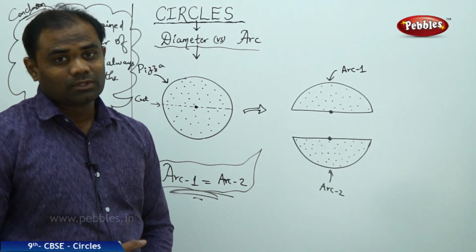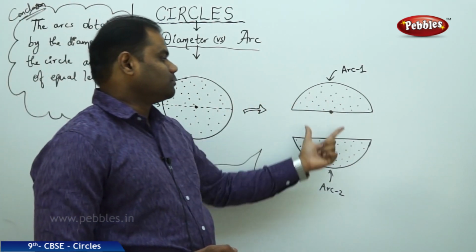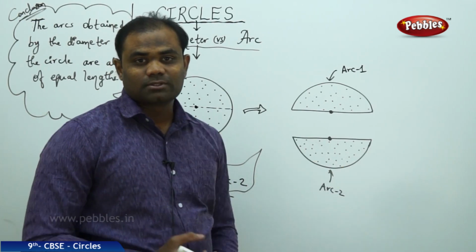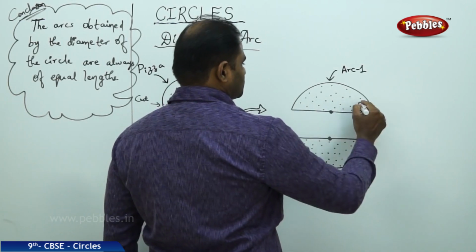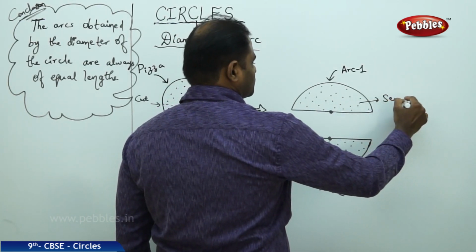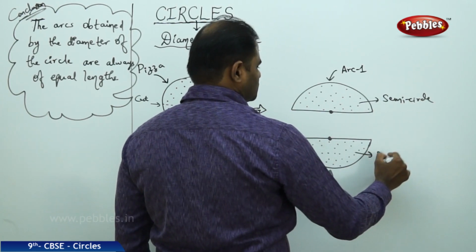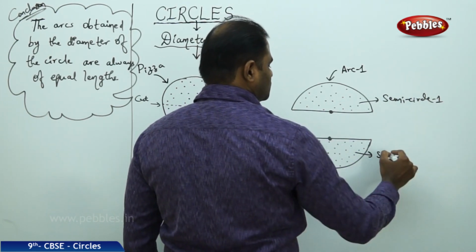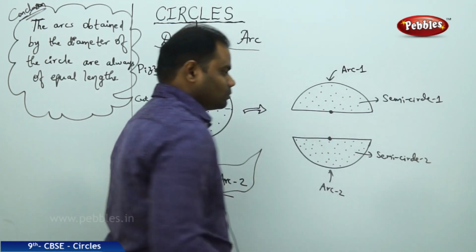And also it's very important to note that this circle, when divided along the diameter, forms two semicircles. So this circle, when divided, forms semicircle 1 and semicircle 2.